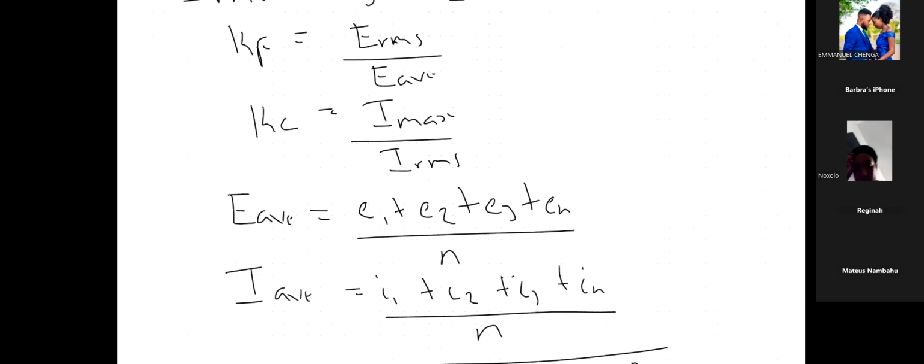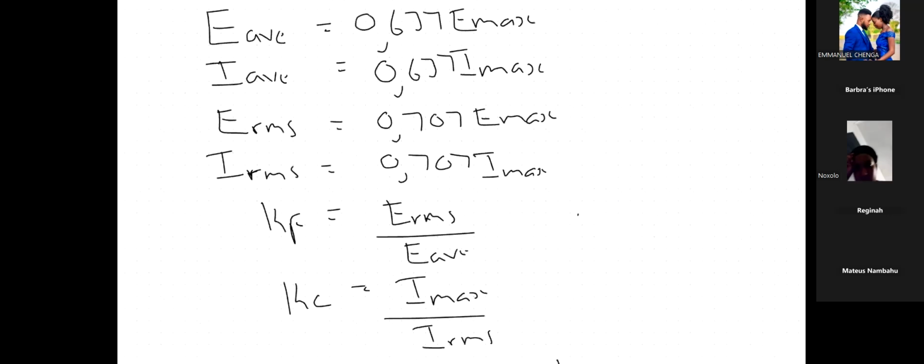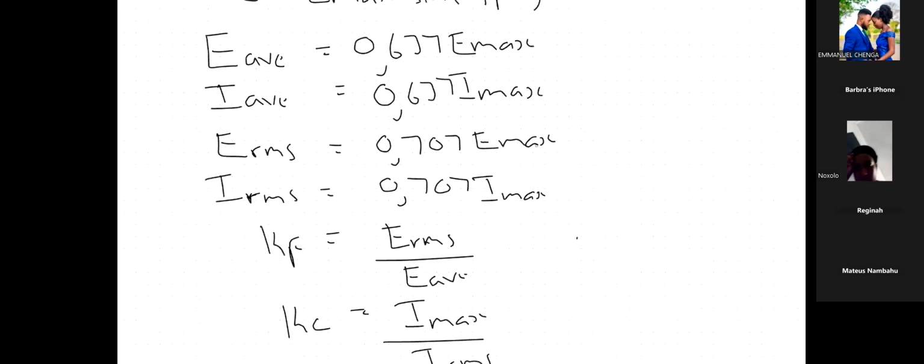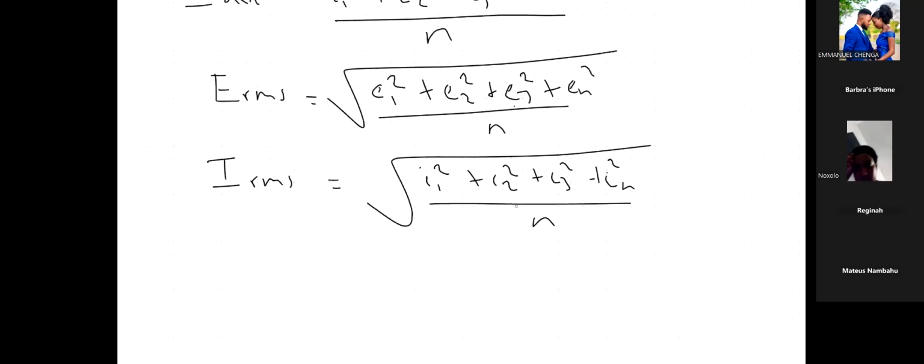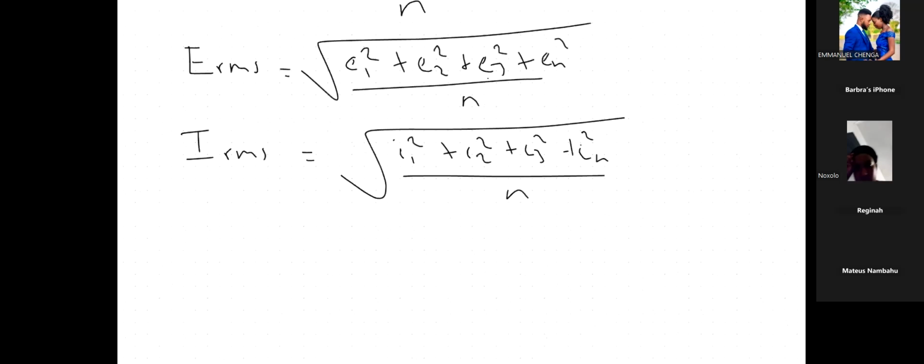Either you use this one if you are given the maximum value. If it is not given, and they gave you the range, you can use the mid-ordinate rule, which is this, of which I believe you have covered from N2 and N3.